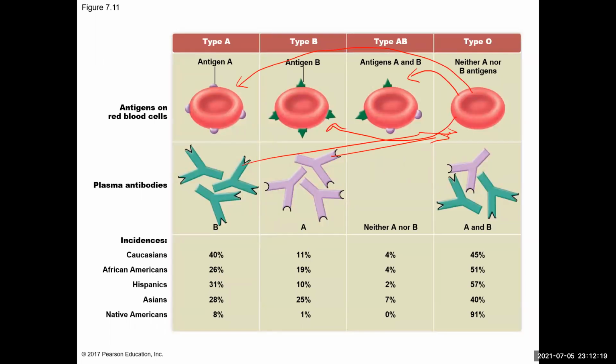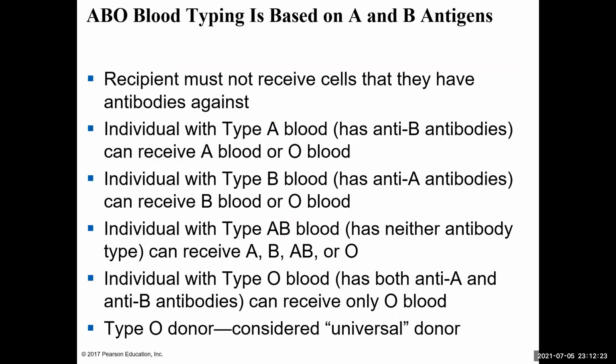Okay? And so we have this scenario here where an individual with type A blood can only receive blood from A or O. An individual with type B can only receive from B or O. An individual with type AB can receive from any, right, because it has no antibodies.